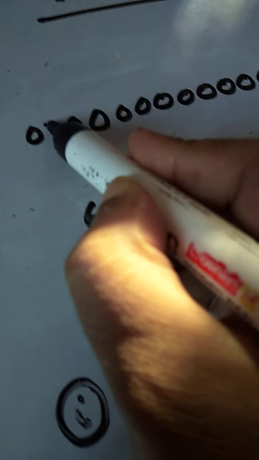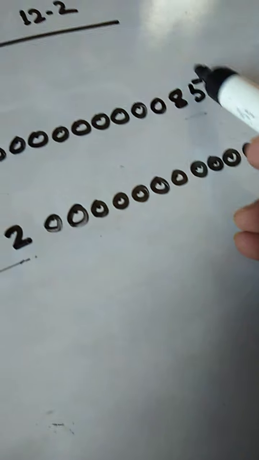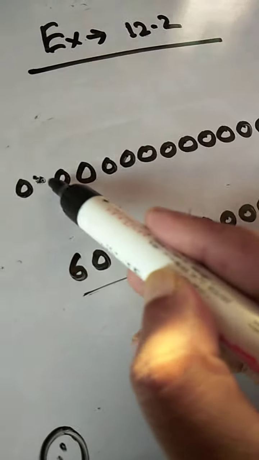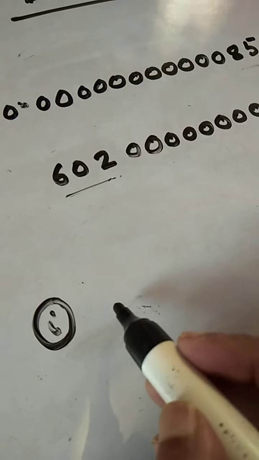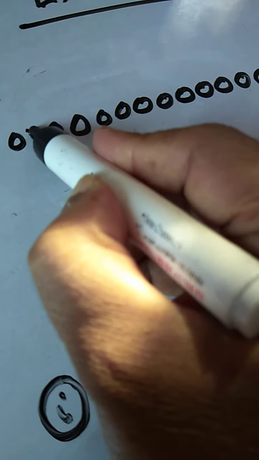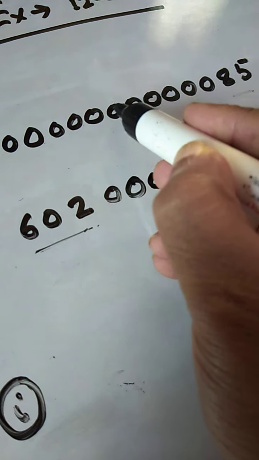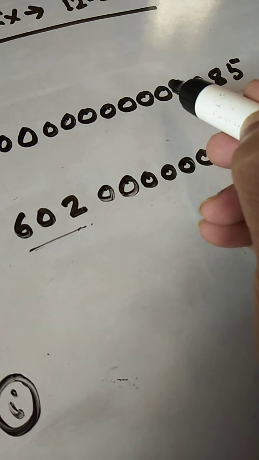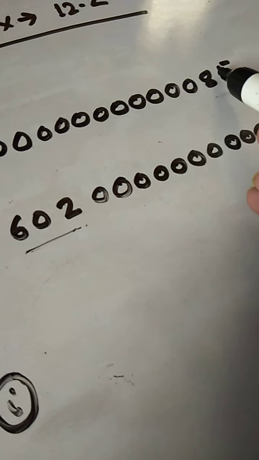Now the point is here, and you have to bring this point here. We have to count how many places we have to jump to come to this particular place.